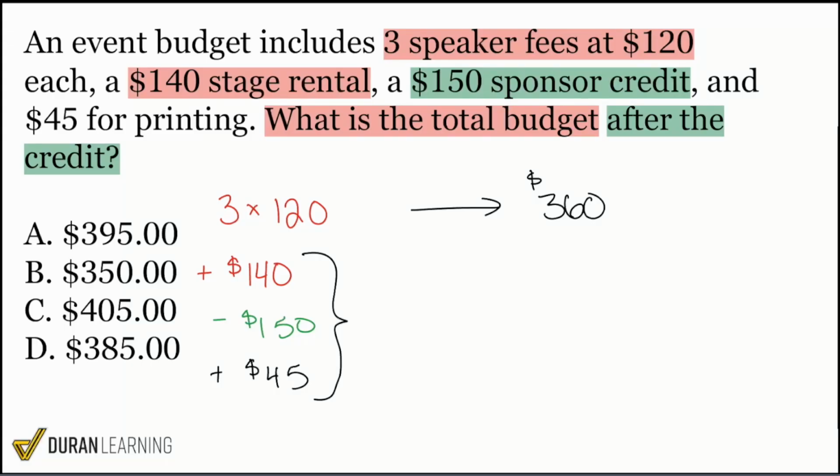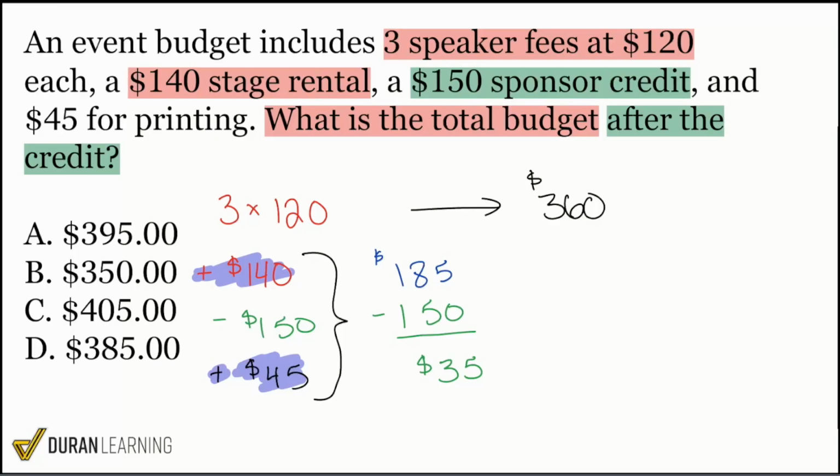If you wanted to look at this in a much neater way for mental math purposes, you can actually hook together the plus 45 and the plus 140, because that'll get us to what? 140 plus 45 is 185. Everybody, if we think about it like that, and then we subtract the 150, what's the difference? What is 185 minus the 150? What is that going to give us? A clean 35, right?